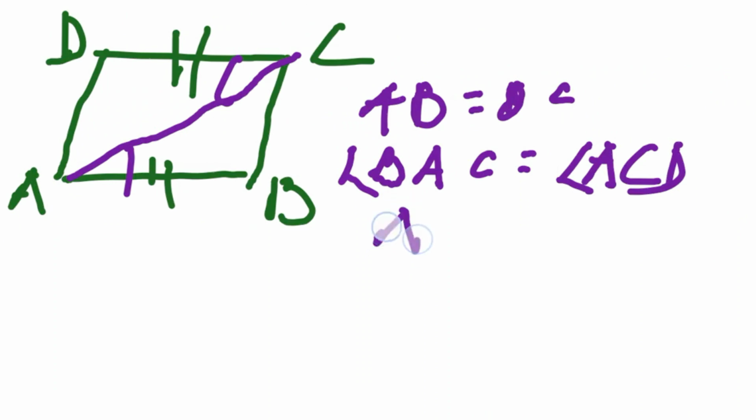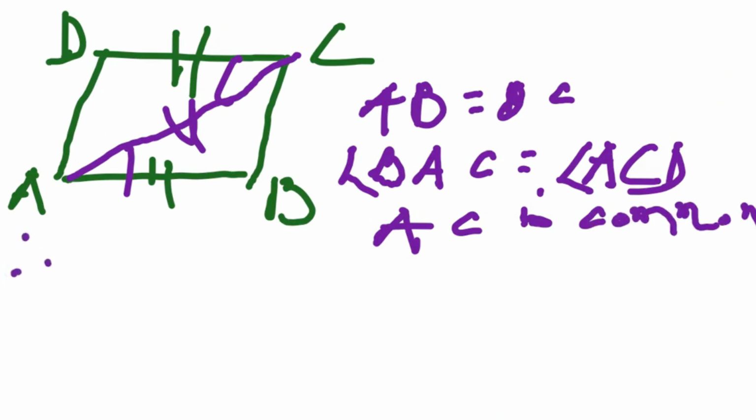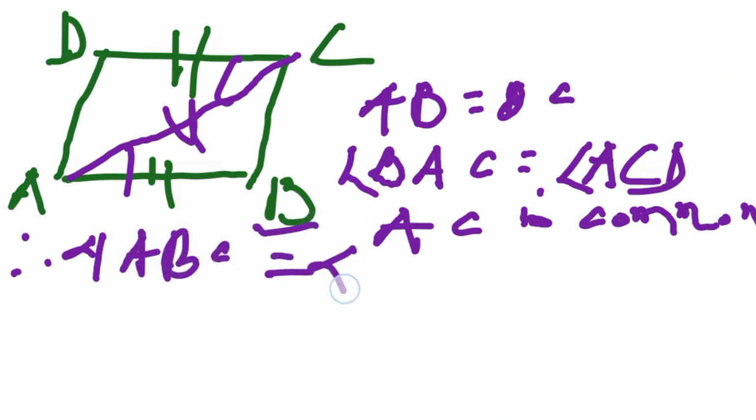AC is the common side. So triangle ABC is congruent to triangle CDA by the SAS criteria of congruence.